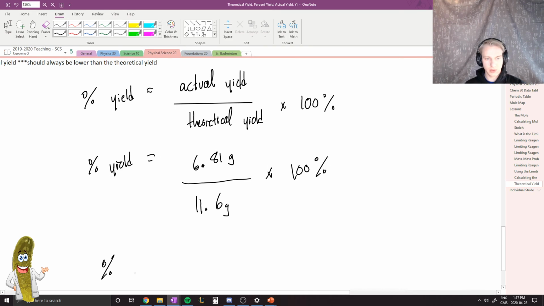When you do all of that in your calculator, 6.81 divided by 11.6 times 100%, you end up getting a percent yield of 58.7%.